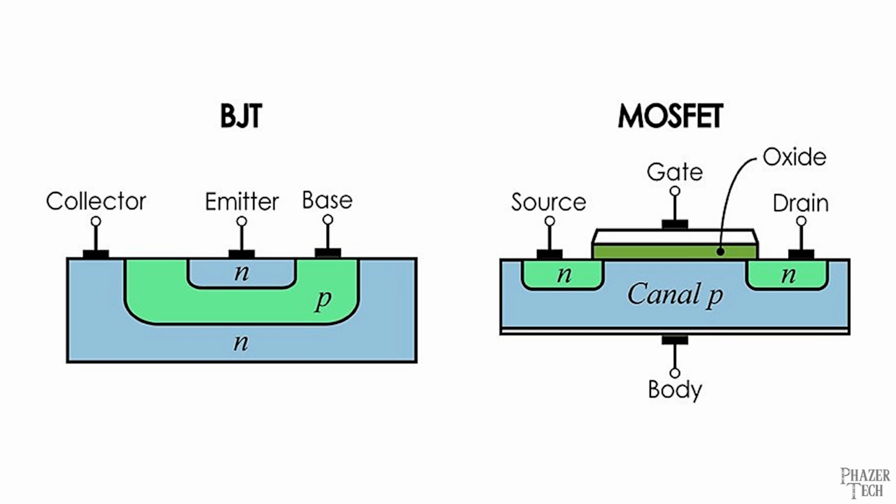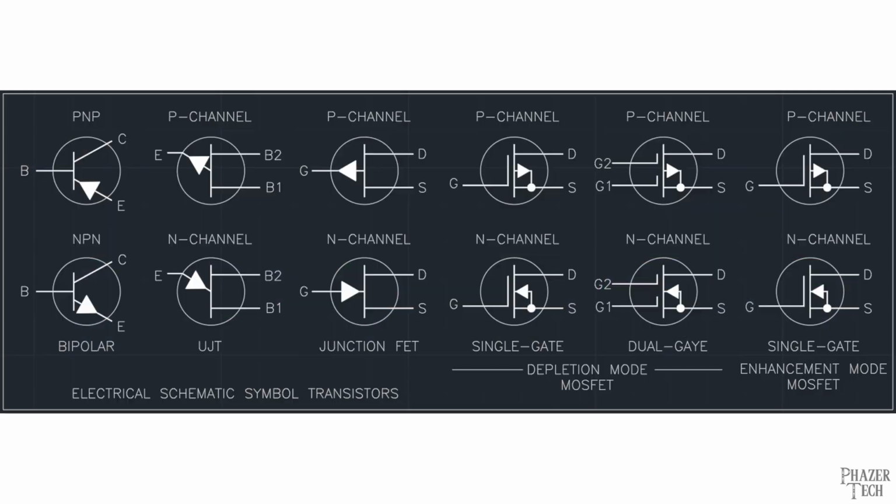Instead of a collector, emitter, and base, the MOSFET has a source, drain, and gate. But just like BJTs, MOSFETs can be made to be either N-type or P-type, which will determine which direction the current is allowed to flow. The gate is what controls the MOSFET, similar to how the base controls a BJT. Different types of transistors also have different schematic symbols.